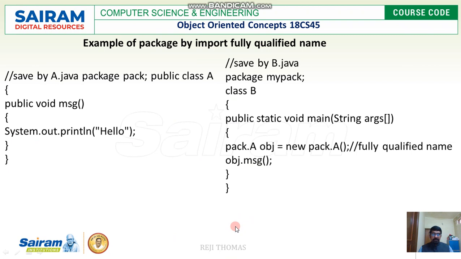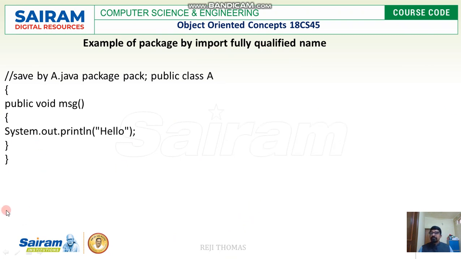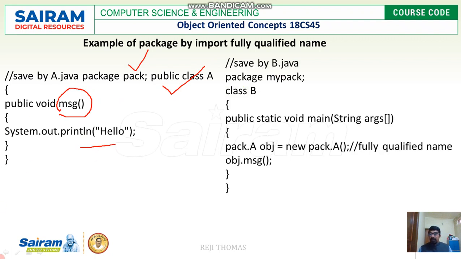So you can find a package. This should actually be on the next line: package called pack, and we have a class called a. There is a method msg, which is going to print a hello message. Now look at my main class.